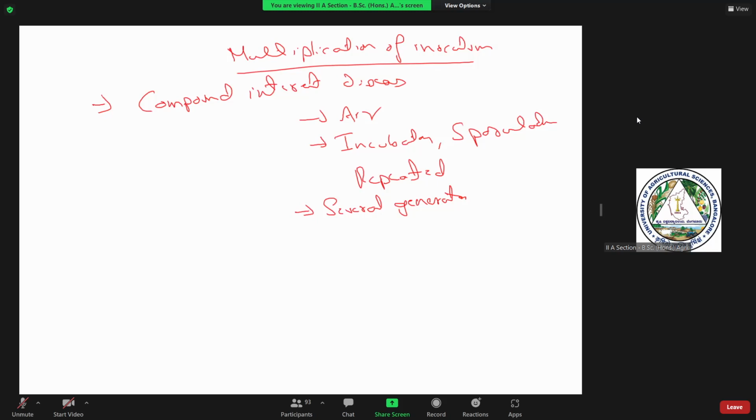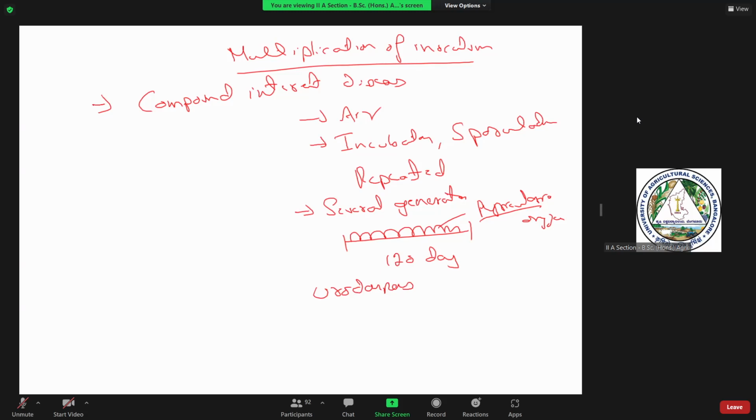For example, in 120 days of paddy, the pathogen completes many life cycles, like Pyricularia, the rice blast fungus.